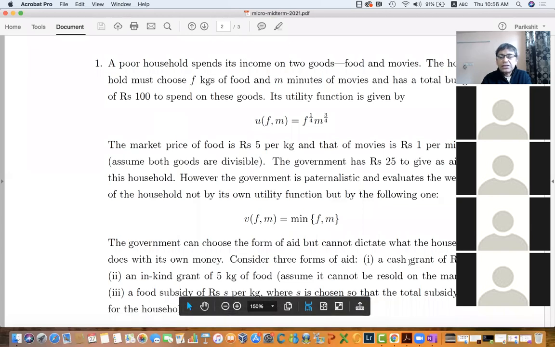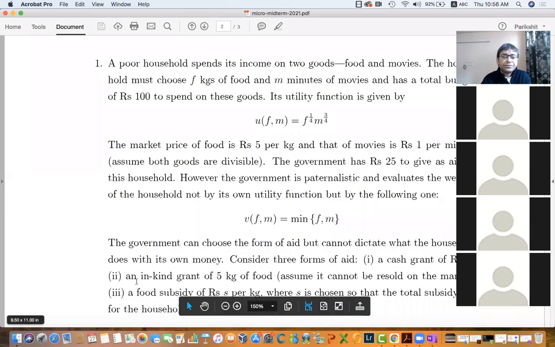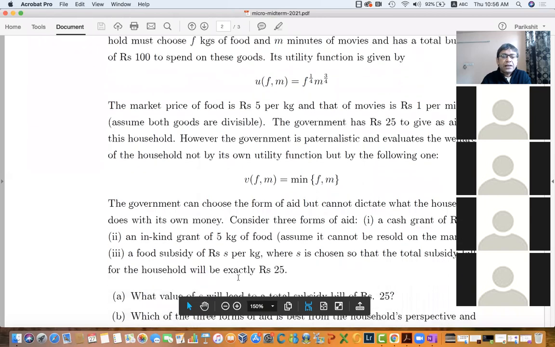So the question asks you to look at 3 scenarios. One is the government gives a cash grant of these 25 rupees, full flexibility. Another is an in-kind grant of 5 kgs of food. And third is a food subsidy of rupees S per kg.